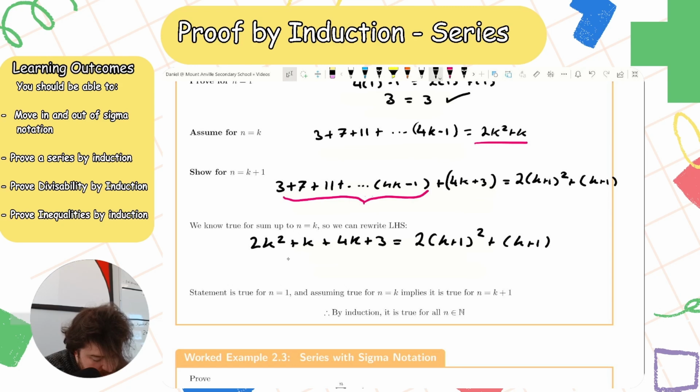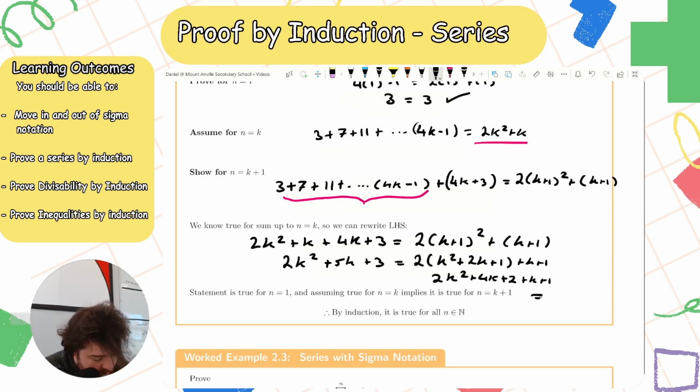So it's going to be 2 times k squared plus 2k plus 1, plus k plus 1, which is 2k squared plus 4k plus 2 plus k plus 1, which is 2k squared plus 5k plus 3.